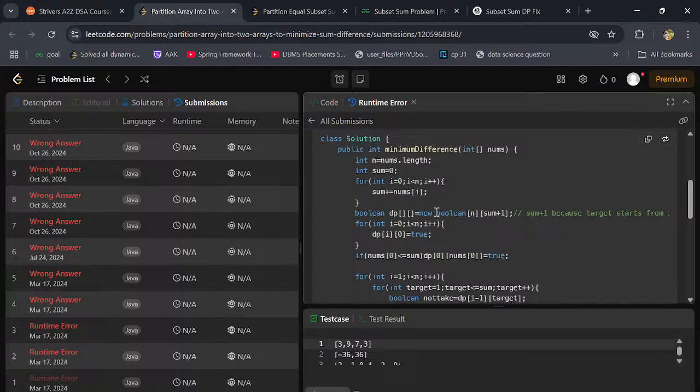For 1 it is 4, the remaining subset is 13, and the difference is 9. That is also possible. The difference is 12 minus 5, which is 7. This is also possible.